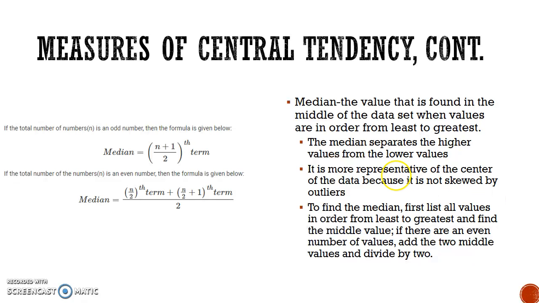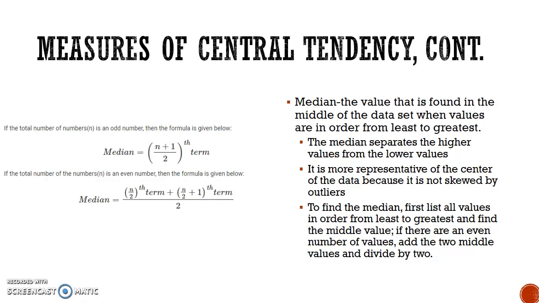To find the median, you put the values in order from least to greatest and then find that middle value. If there are two numbers in the middle, you add those two and divide by 2 to find the average of the two numbers in the center.